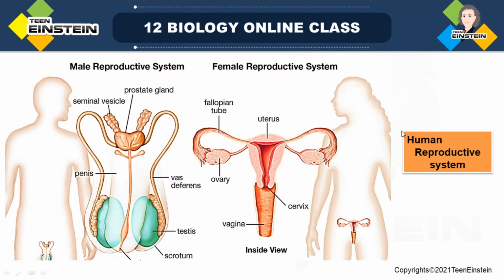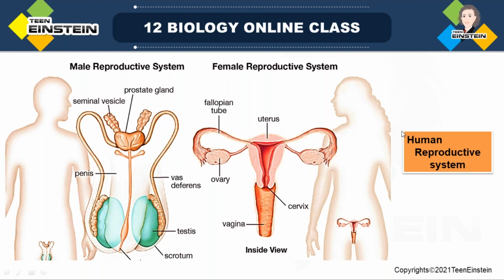Right? Then the Sertoli cells will provide nutrition to the dividing germ cells. Right? The dividing germ cells, from where will they get nutrition? From these Sertoli cells.